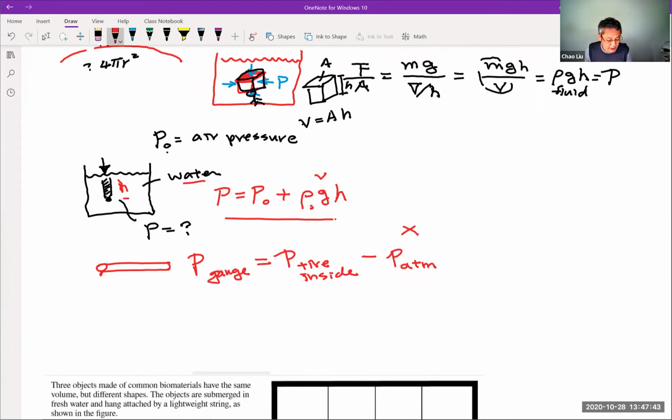Okay, let's see what else I wanted to talk about. The last thing I want to talk about is how we measure the blood pressure. Right now, most of the things that we use to measure the blood pressure are automatic machines, right? There's a pump powered by electricity.